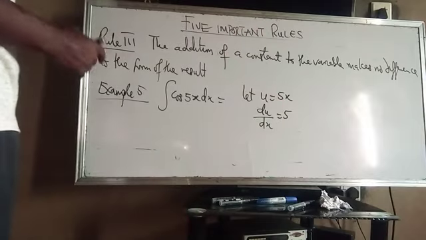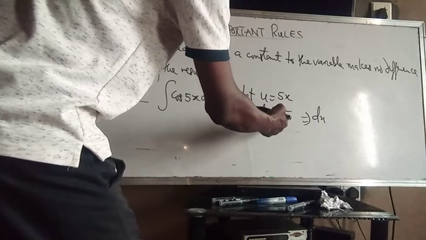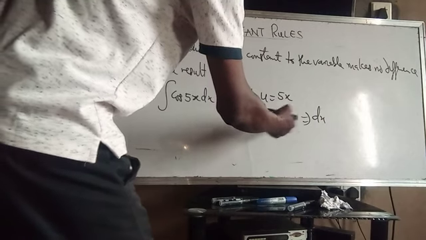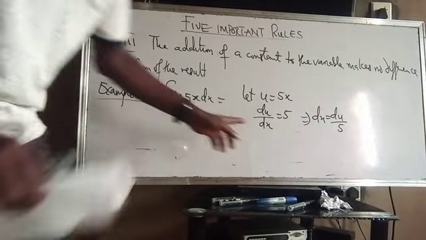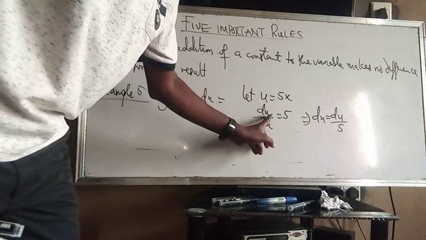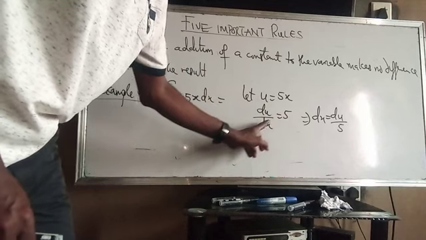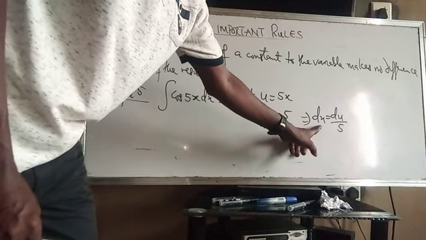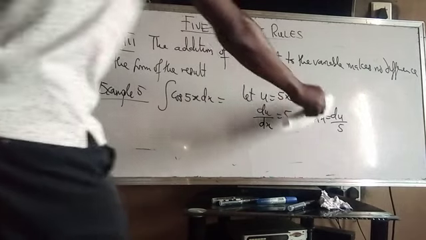Now cross multiply: du equals 5 dx. So we make dx the subject of the formula. You divide both sides by 5, so dx will be du over 5.